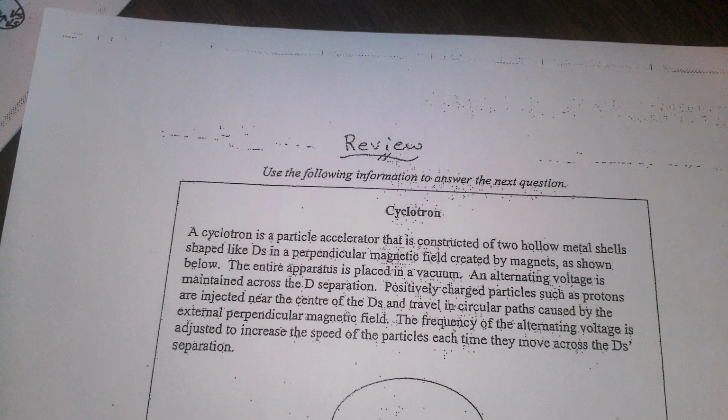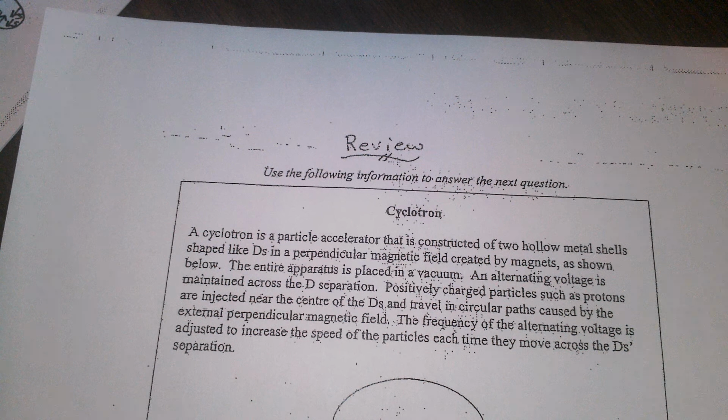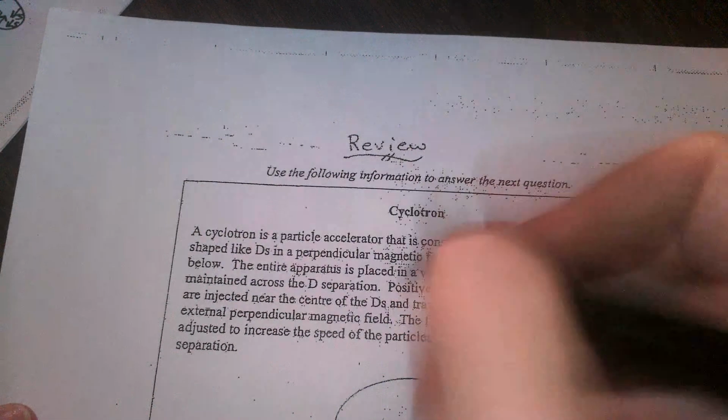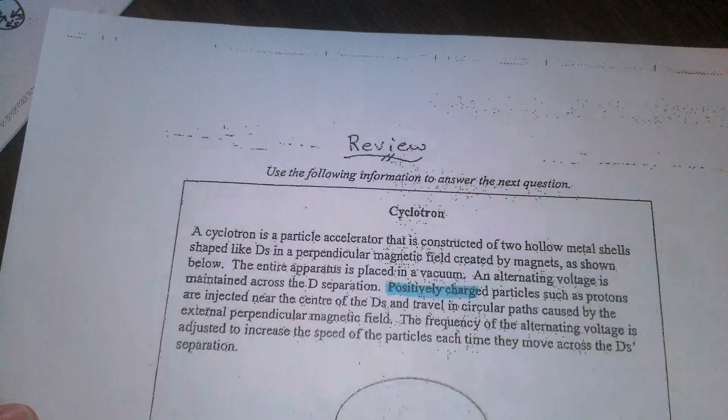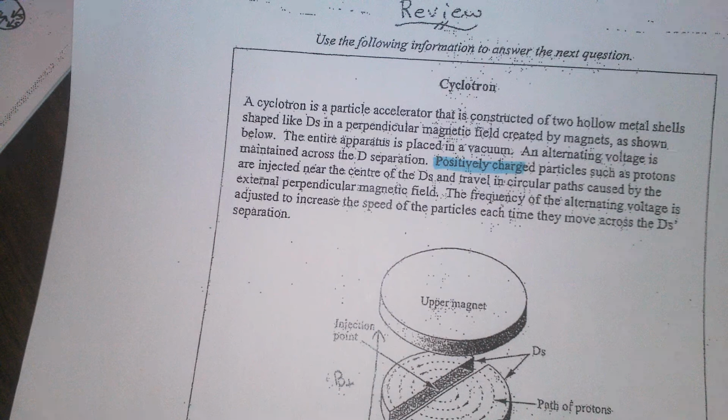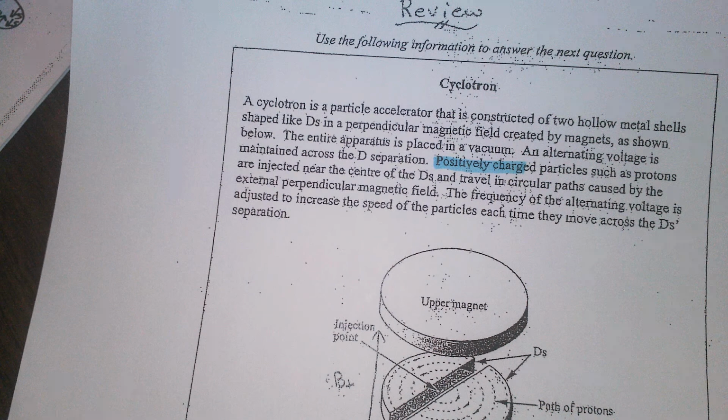An alternating voltage is maintained across the D separation. Positively charged particles, such as protons, are injected near the center of the Ds and travel in a circular path caused by the external perpendicular magnetic field.